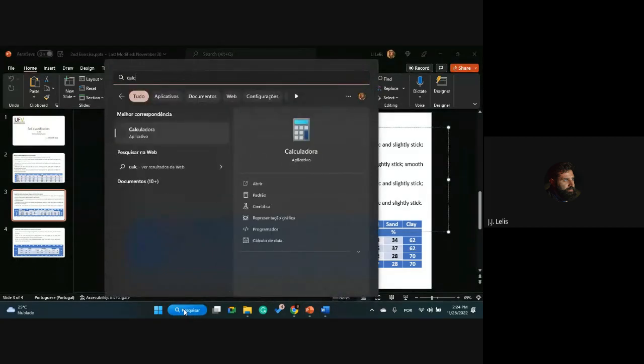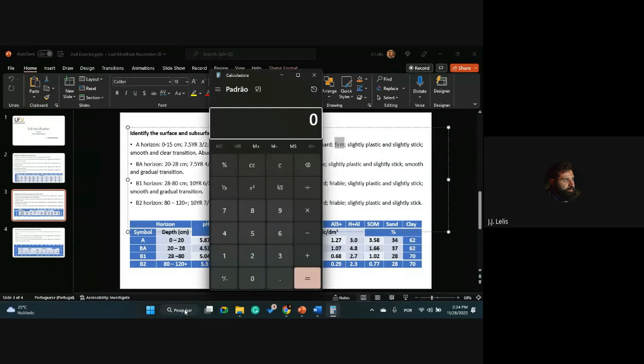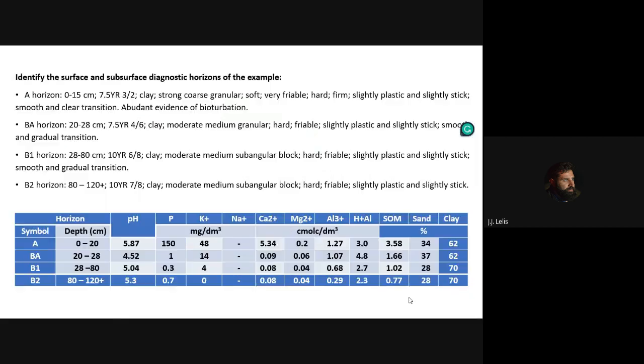It's quite easy. We just need to divide this number, that is the content of soil organic matter, by 1.741. So in this case, we have 3.58% of soil organic matter.